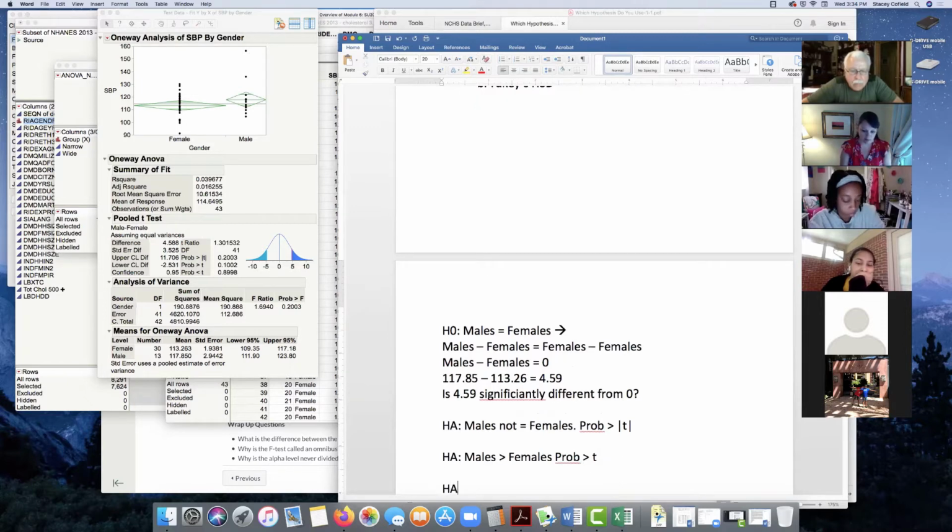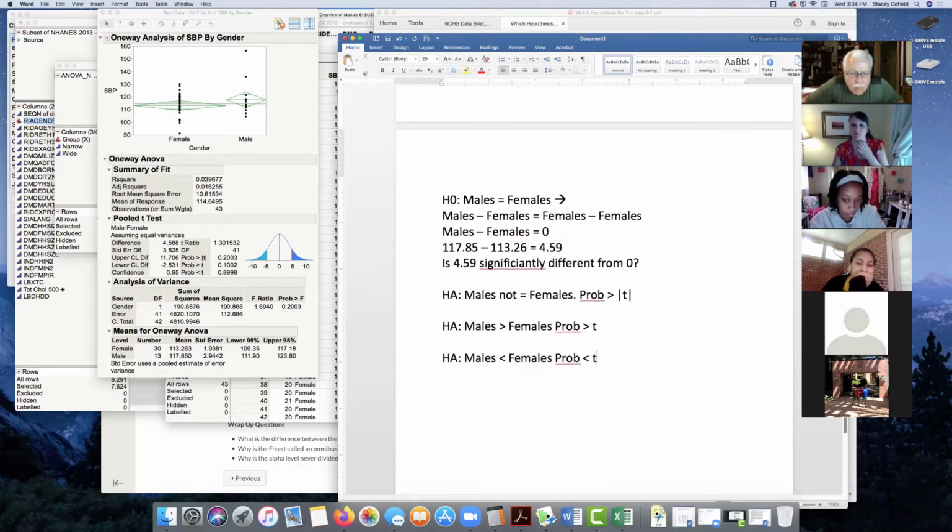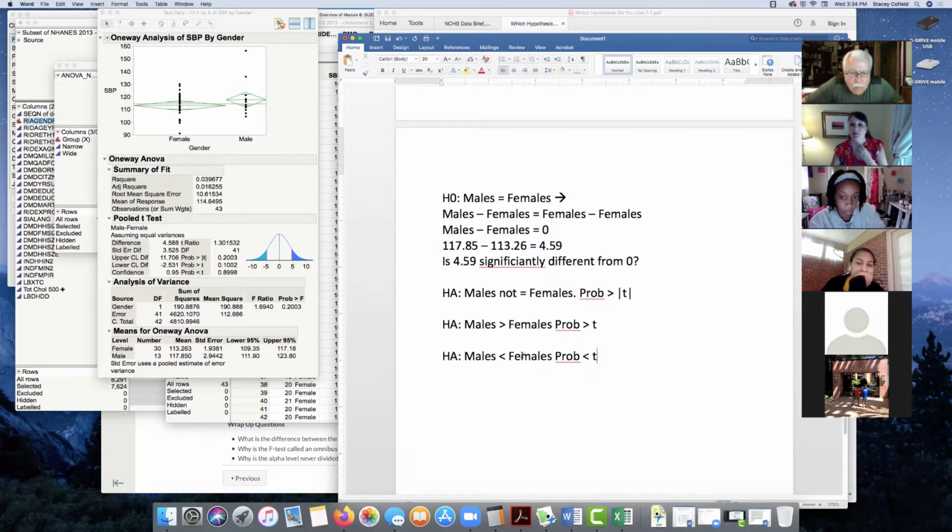And if my alternative is males less than females, that would be my prob less than t. And it should be fairly obvious why this p-value is so large, because males are 117 and females are 113. So I'm never going to say that 117 is less than 113.